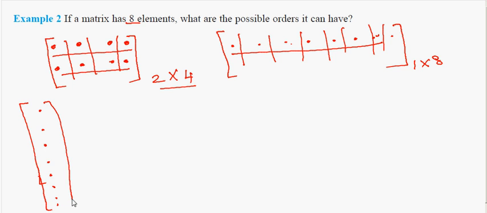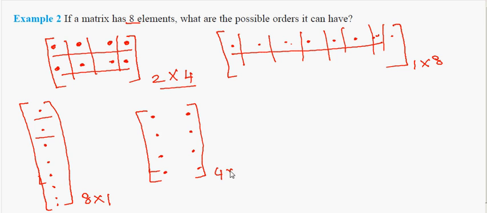So this is nothing but first row, second row, and so on, 8 rows and 1 column. Any other arrangement? I can also arrange it like this: 1, 2, 3, 4, 5, 6, 7, 8. So it will become 4 by 2, 4 rows and 2 columns.